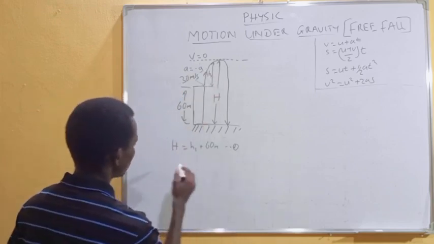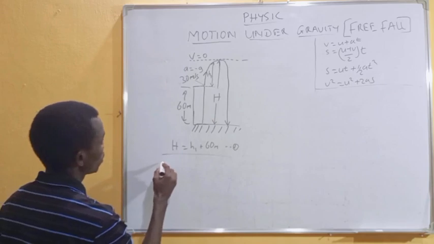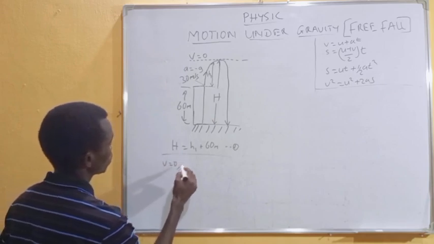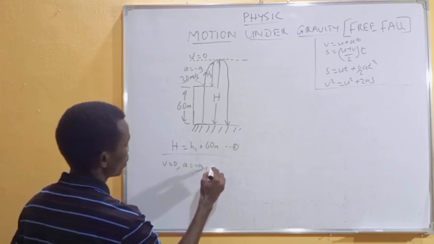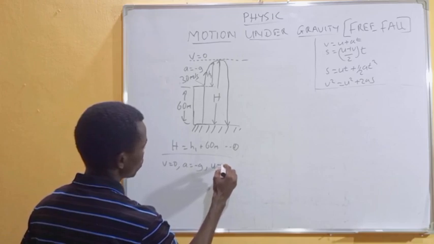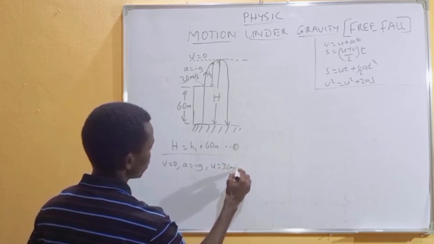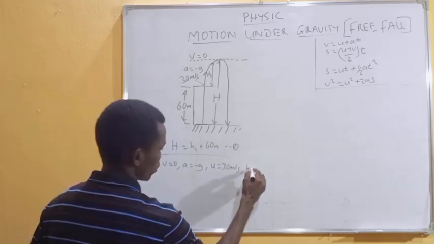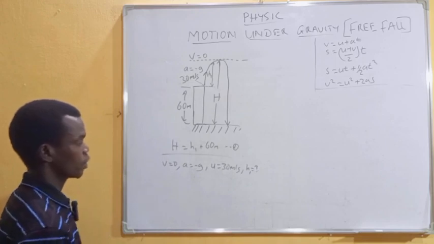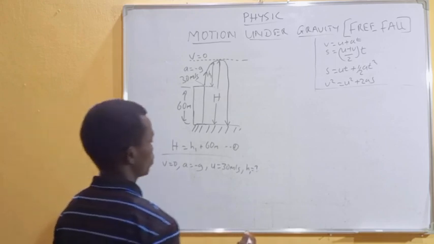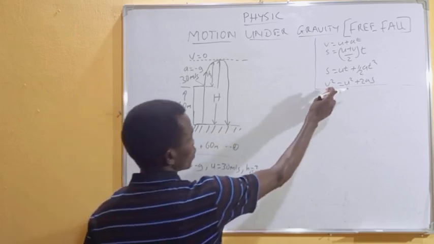From the three values, let's say v is equal to 0, a is equal to negative g, and initial velocity equals 30 meters per second. And H1 is what you are looking for. From these four parameters, we can use equation 4.